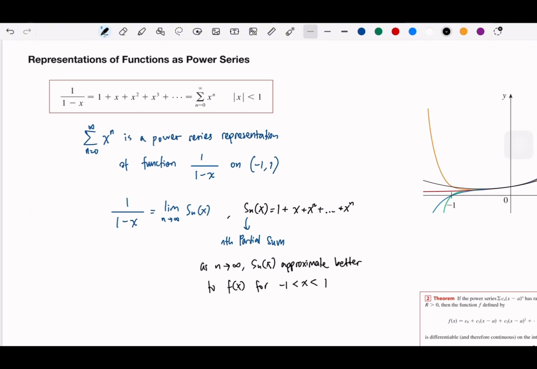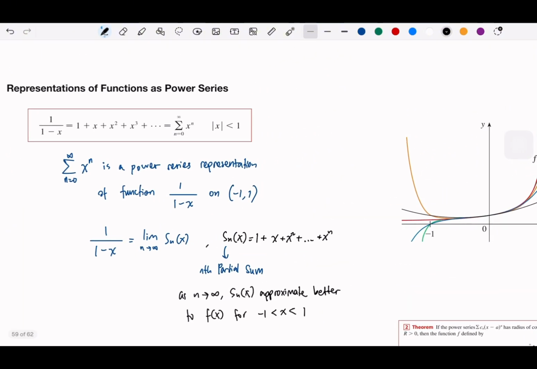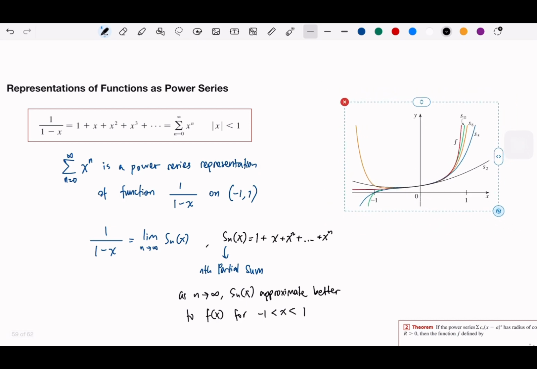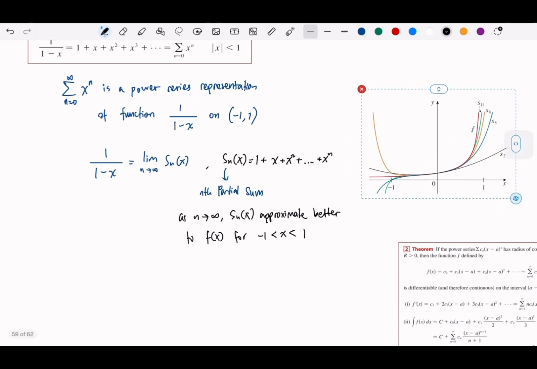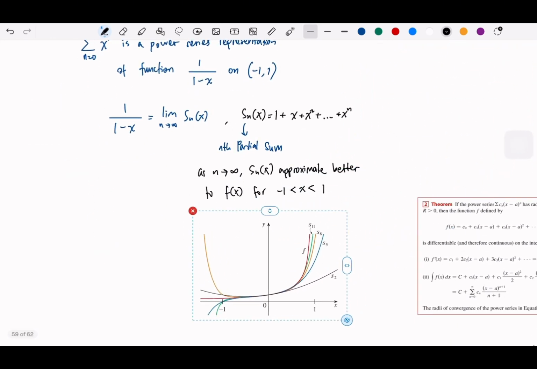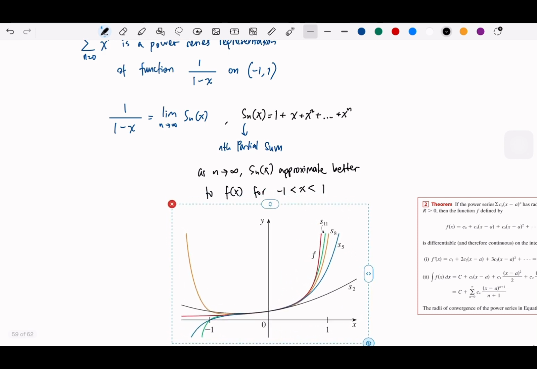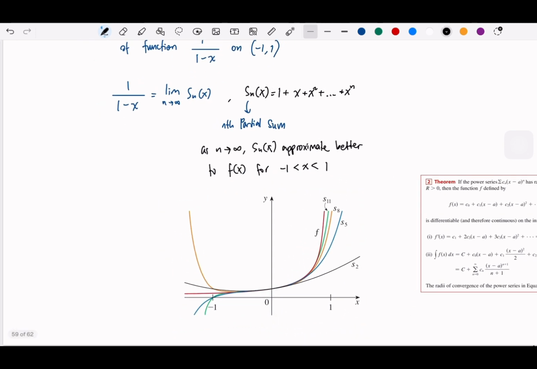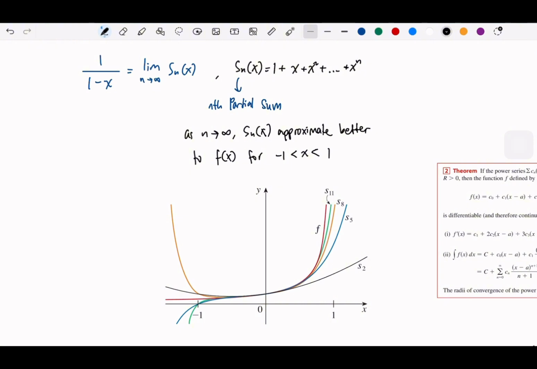Okay, and then we can see this in the picture. The red curve is 1 over 1 minus x.